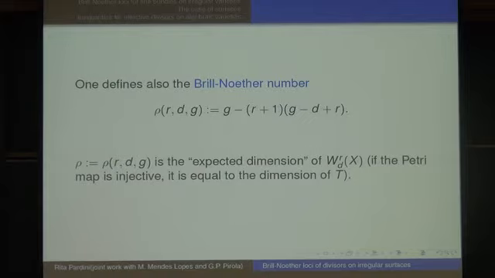Or I like H0 times H1 otherwise, because as I was remarking, this is the minimum possible dimension of T. If the Petri map is injective, then that's when T is smaller, and by duality, this is the expected dimension of T. Anyway, you just remember the way you like it.